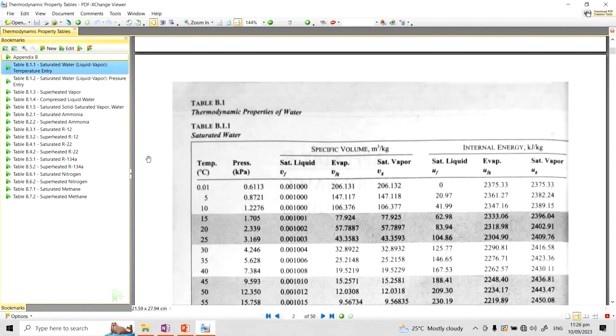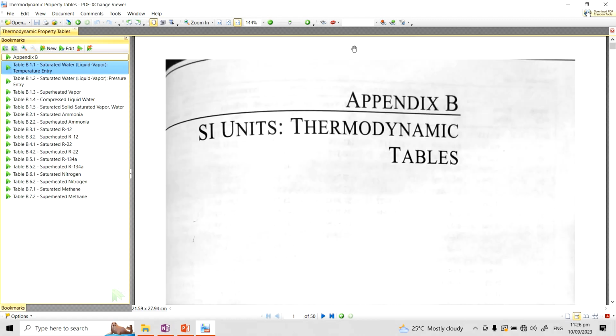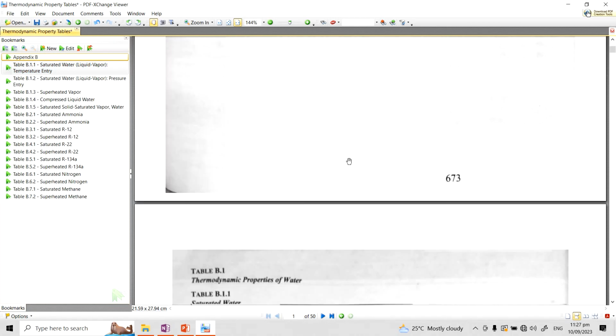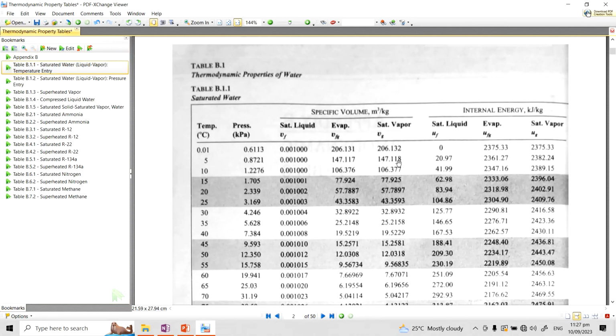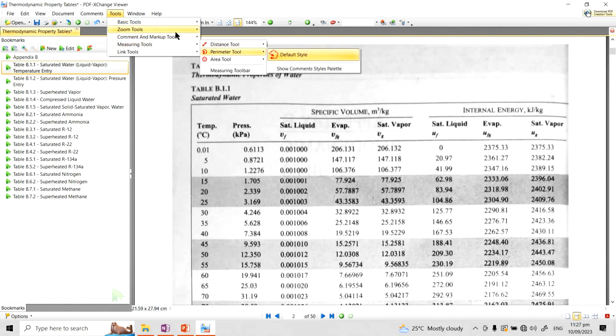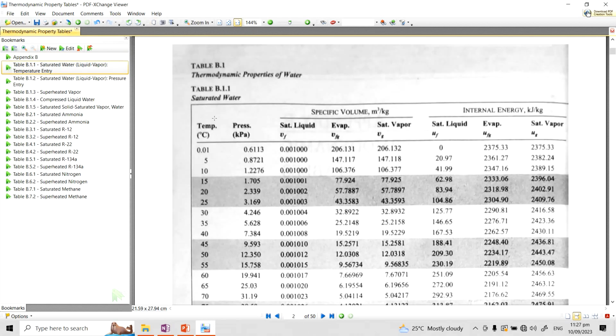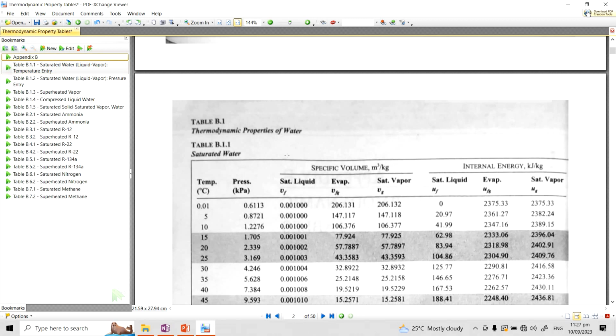So now let's go to this table, the saturated water table, liquid-vapor, and let's have an overview of what's inside this table. The first column here is the temperature, meaning that the entry here is the temperature, and then the next column is the pressure in kilopascals. Temperature is in degrees Celsius and pressure is in kilopascals.